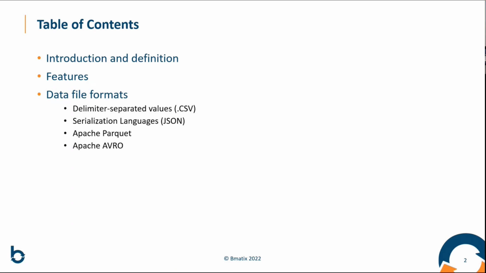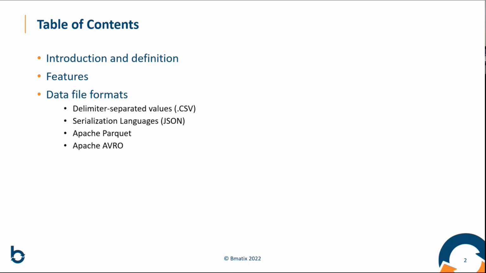So I'll start with, of course, the introduction, a bit of definitions, because the topic of data file formats can veer quite into the territory of computer science. So some definitions to start off with and to get everyone on the same page is always useful.